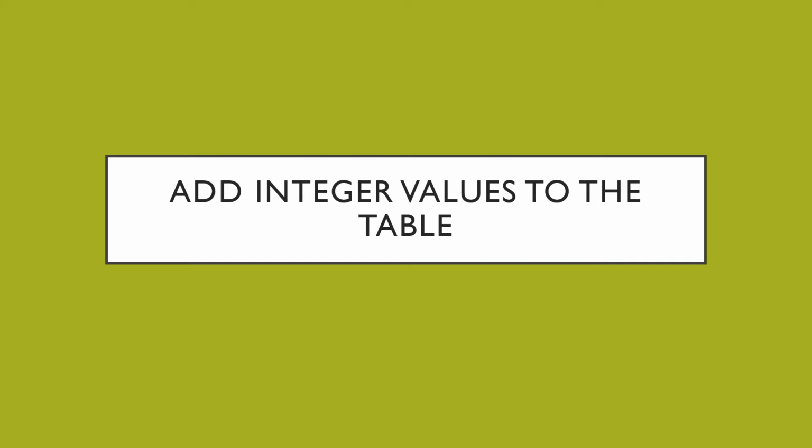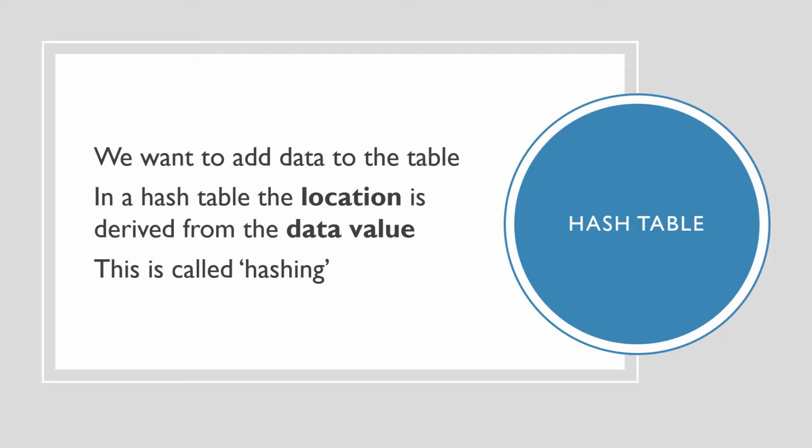So now we're going to work together to add code to the program so that the integer values are inserted into the hash table at the correct position. Remember that in a hash table, the location used for storage is derived from the stored data value, and this is called hashing.